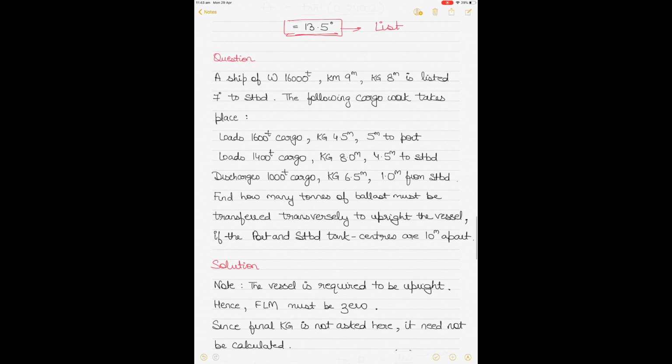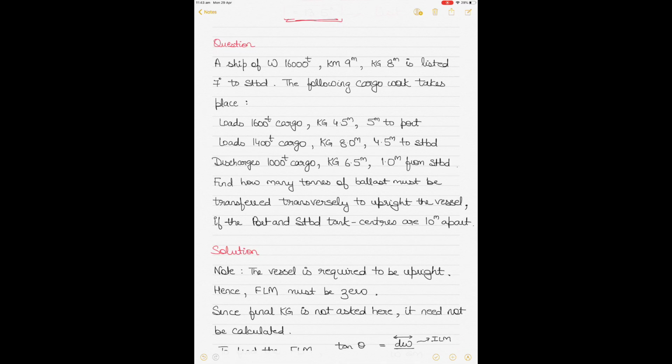Let's take the final example for today, question number 3, in which the ship has a displacement of 16,000 tons. The KM is 9 meters, KG is 8 meters. The vessel is listed 7 degrees to starboard. The following cargo work takes place on this vessel.